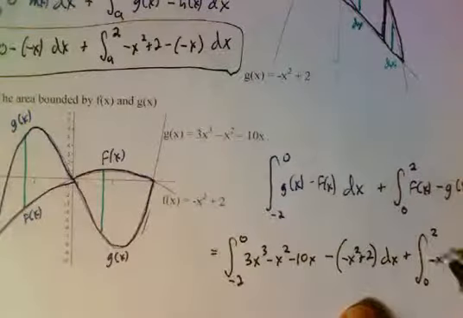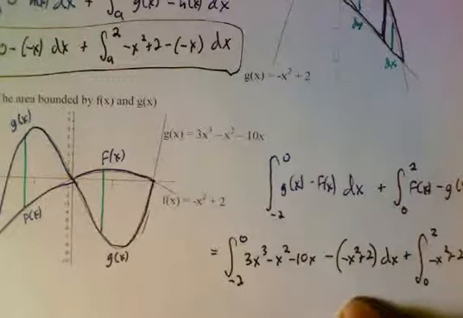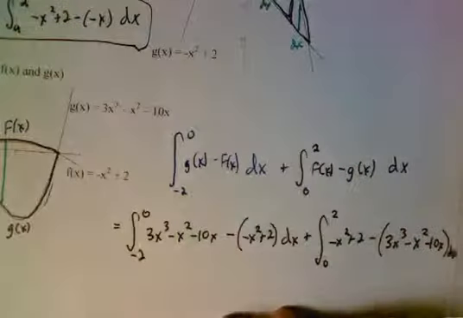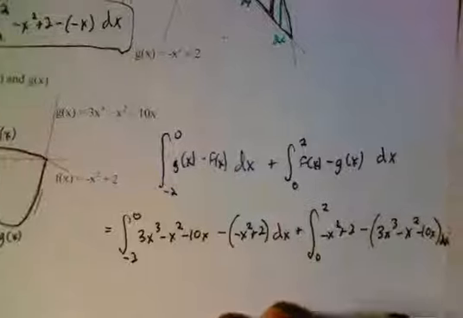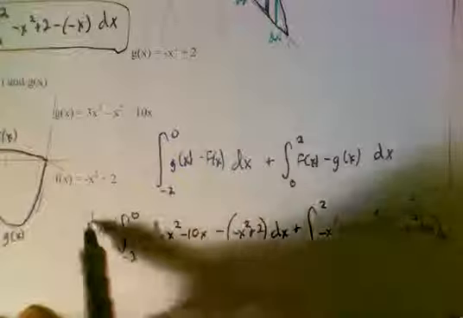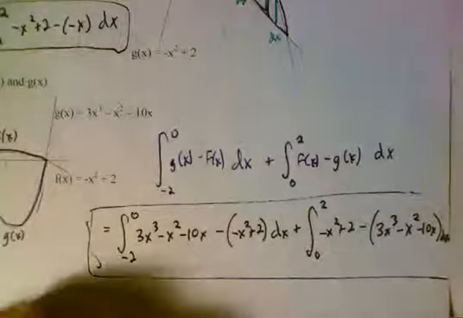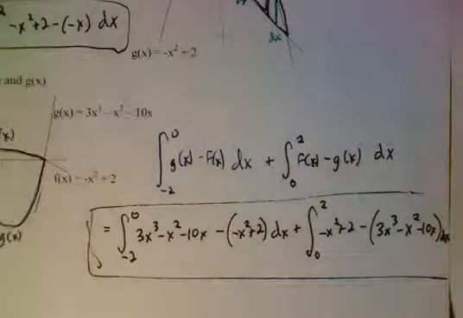This part is negative x squared plus 2, and then we're going to subtract this whole g of x, 3x cubed minus x squared minus 10x. And that width was dx. Looks kind of icky. For now, all we're going to worry about is writing it out. This concludes Geometric Applications 1 notes.